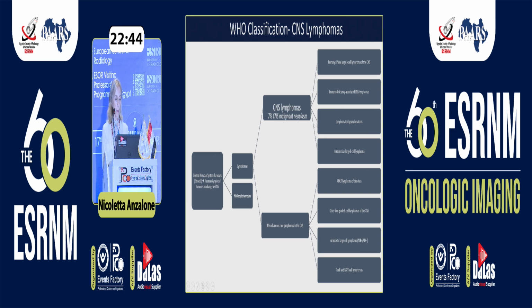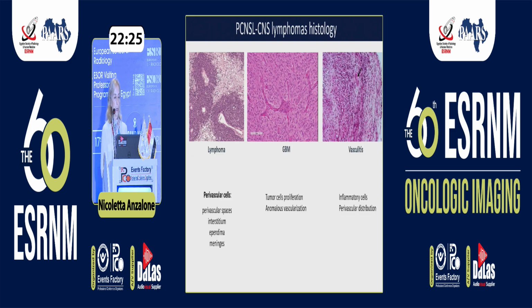Then we may have some so-called miscellaneous rare lymphomas of the CNS, and among them, to be remembered, are the lymphoma of the dura, and I'll show you one case, and also the T-cell lymphoma, so a different kind of cells. I always try to look at pathology to understand the images.